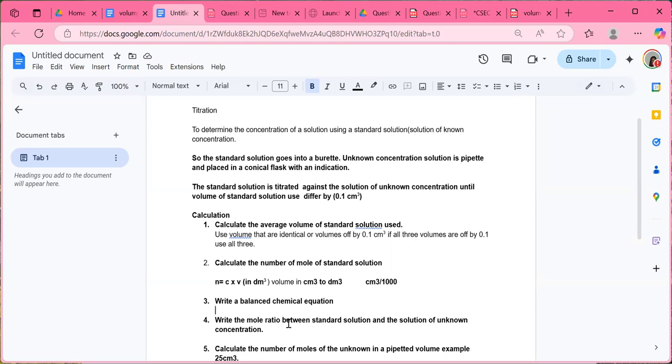The mole ratio is simply the whole number in front of the chemicals in the balanced equation.